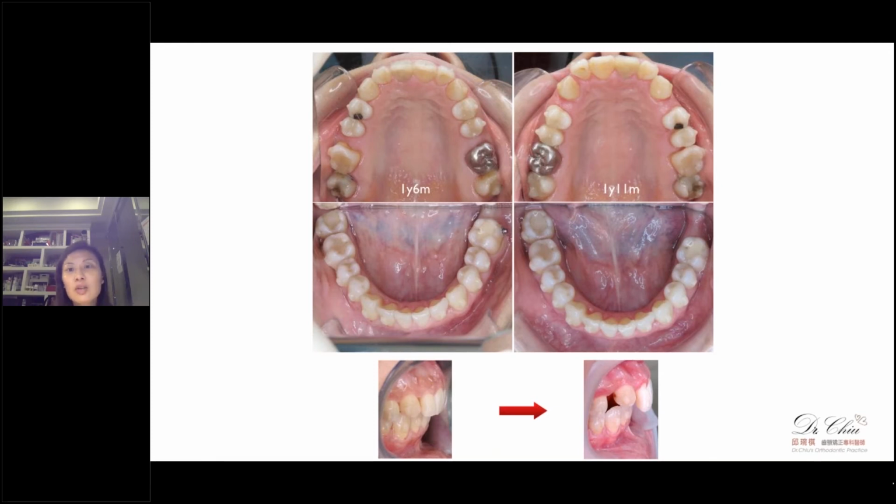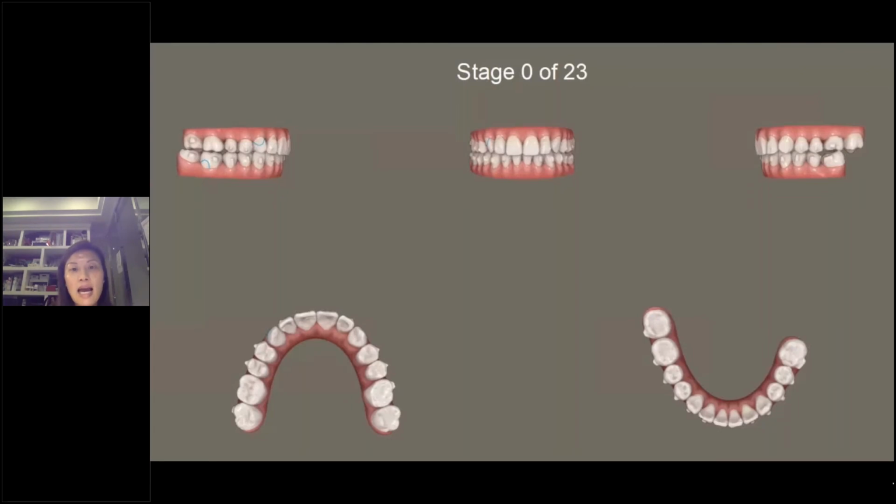During the second set of aligners, this is additional aligner 1. After the second set of aligners, we tried to finish her with the last set of aligners. As you know, we had some posterior open bite, and there's still some tipping. We wanted to do some settling.